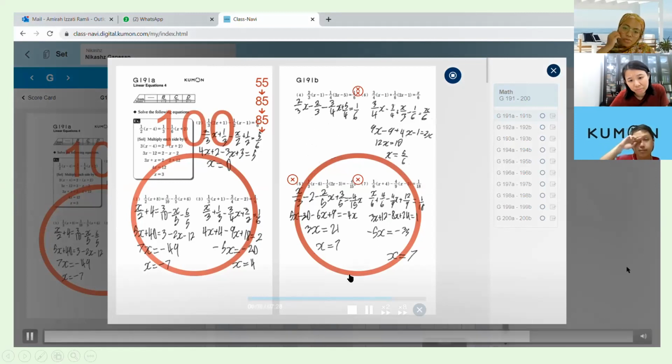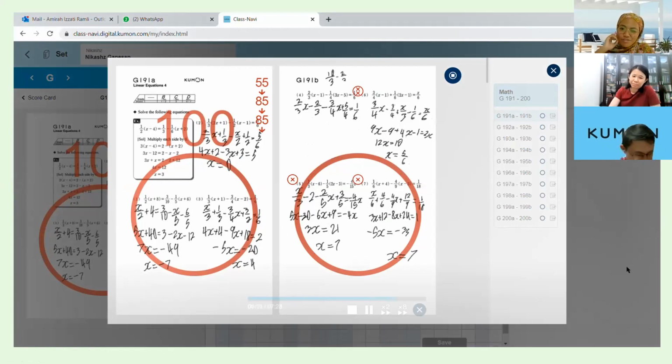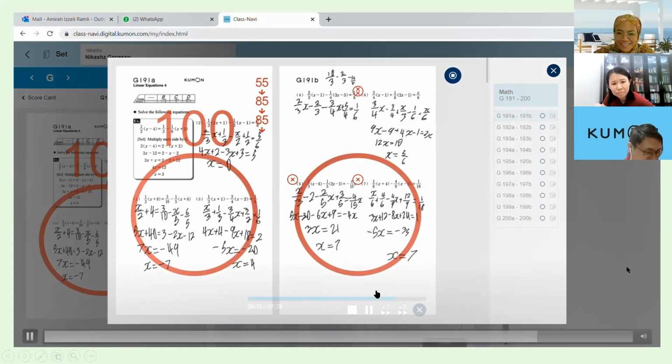Maybe we can wait. Let it play first. I also couldn't find it. But if you see even the top one, he will do the verification. Where does the 10/3 come from? But we are discussing question number 5. On the third time, he is trying to follow how the example is given.